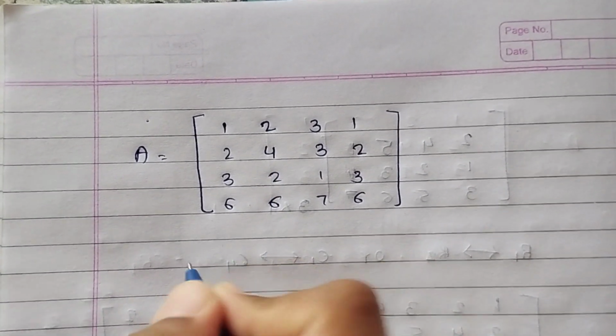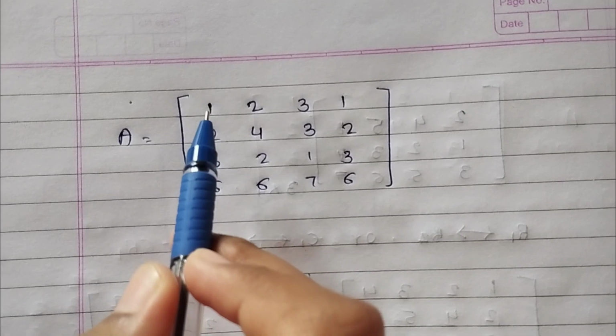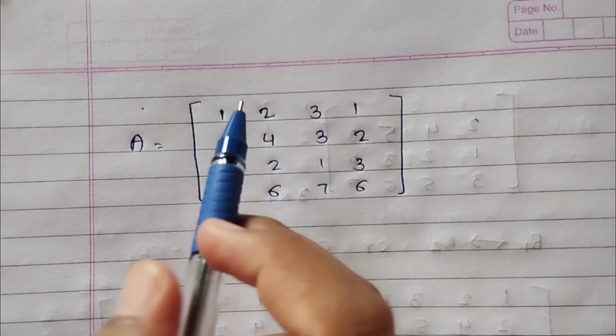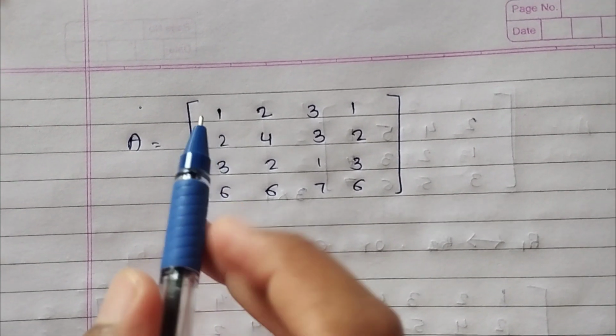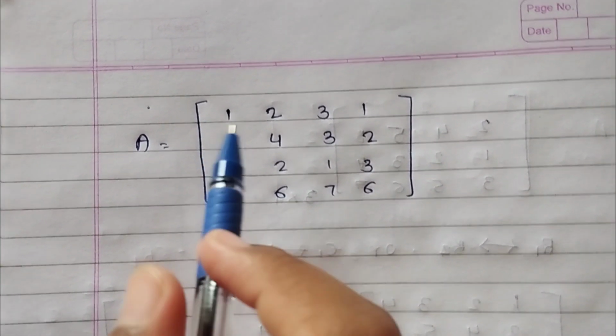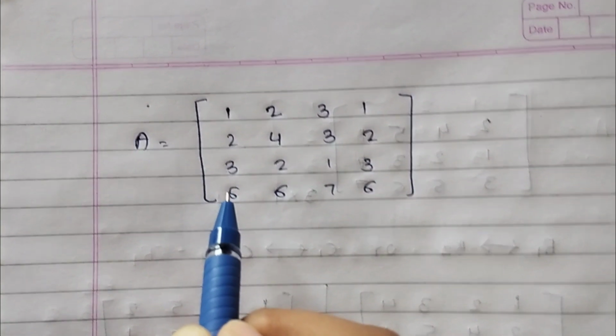So for that we apply the operations. Always remember, once we convert a11 into 1, then the second step is to convert all the first column elements below a11 into 0.